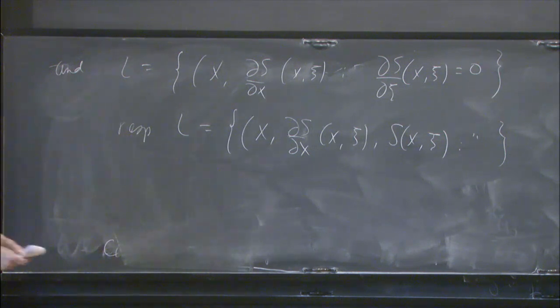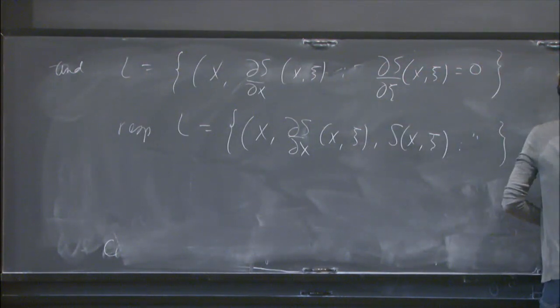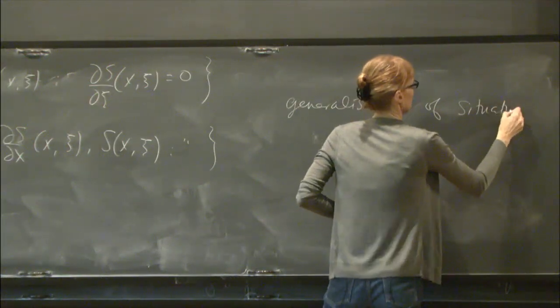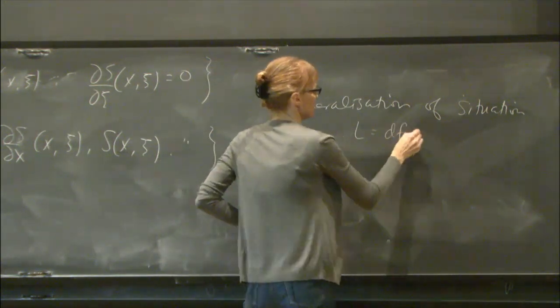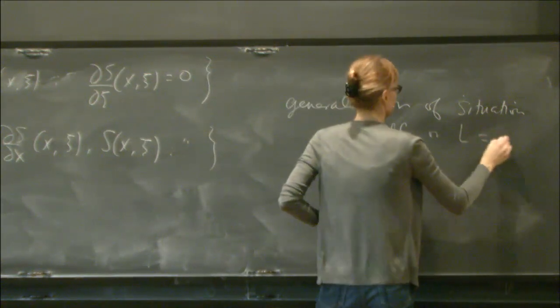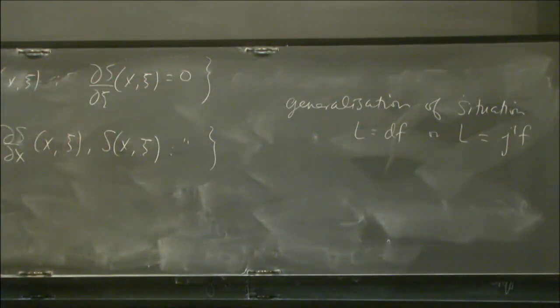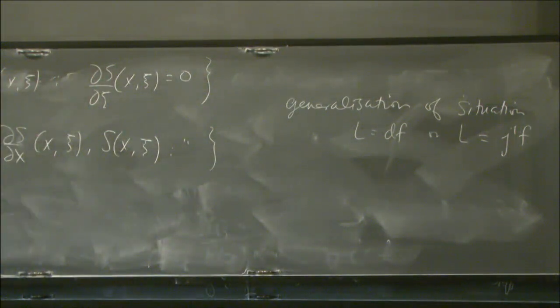Okay, so it's a generalization of the situation where L is the differential of a function, or L is the one-jet of a function. If this original L doesn't project diffeomorphically onto the base, we're not going to be able to express it this way as a differential or one-jet. We throw in these auxiliary variables C, and then we achieve a similar thing.